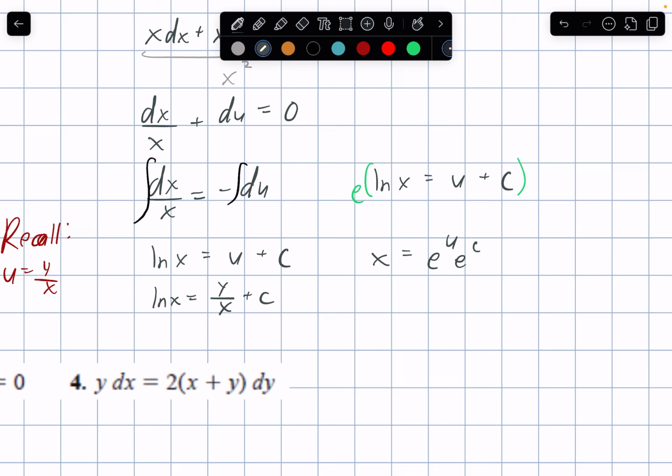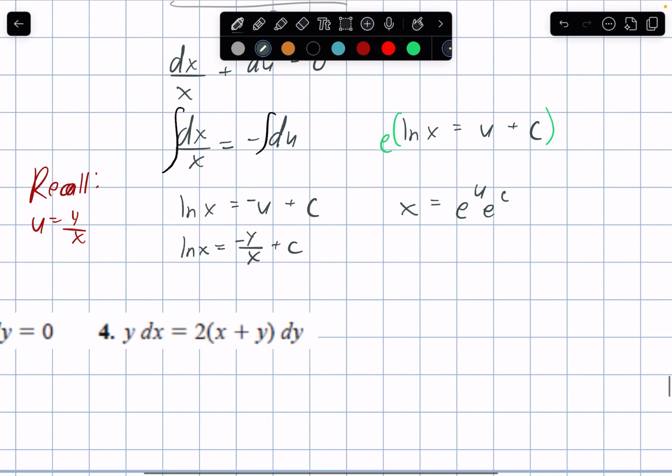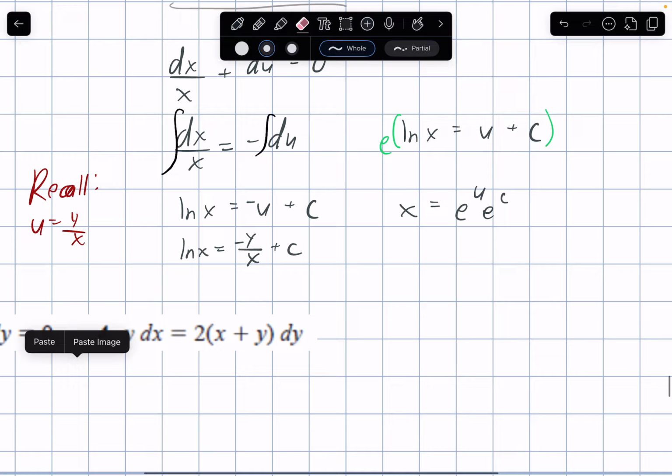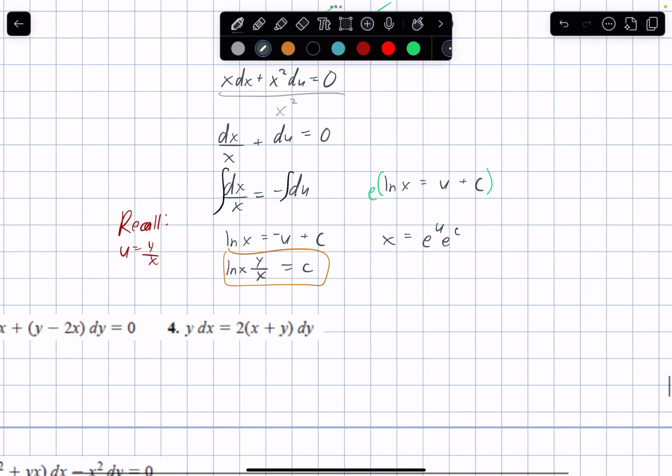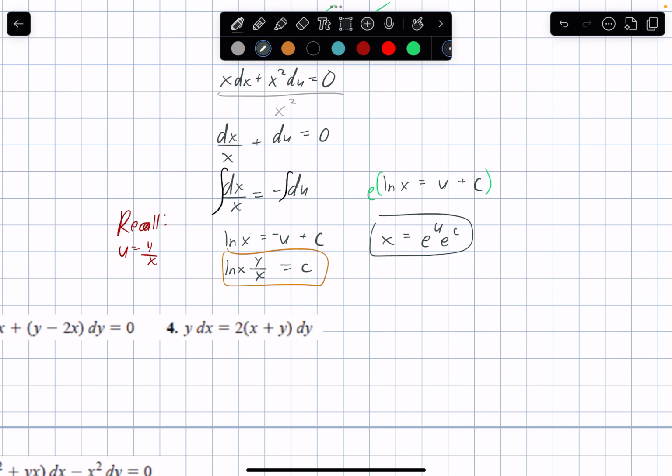Don't forget the minus sign. So you can bring y over x to the left side, although I don't think it really matters at this point. The answer is roughly the same anyways. So, yeah, either way is okay.